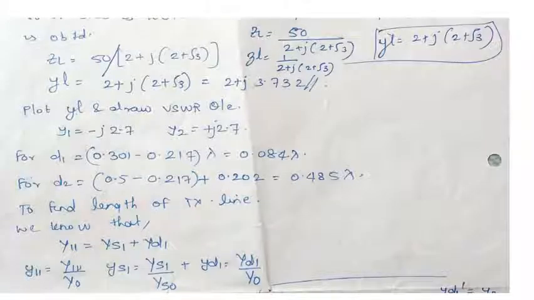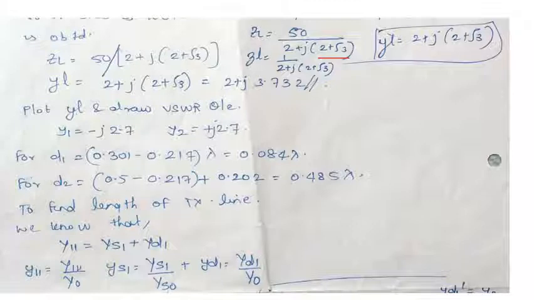First of all, we are supposed to normalize it. Now the twist that the paper setter can give is at most this much: capital ZL is equal to 50 upon 2 plus j(2 plus root 3). We all know root 3 is 1.732, and 2 plus 1.732 becomes 3.732. So it is a simple thing.